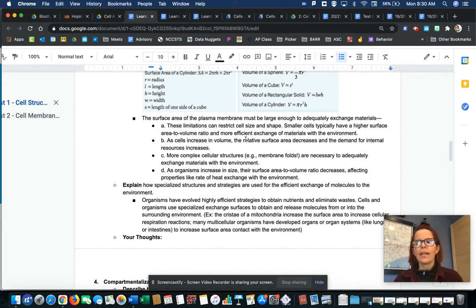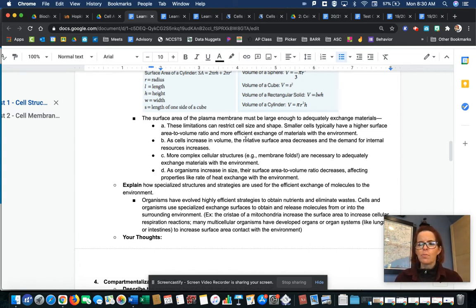Smaller cells typically have a higher surface area to volume ratio. So, in general, we want small cells because we can get rid of waste and bring in lots of nutrients, and it very quickly gets to the middle of the cell, which is what's covered in the cell size lab. How long it takes to get into a large cell, it takes such a long time for the nutrients to get in or waste products to get out if it's a large cell.